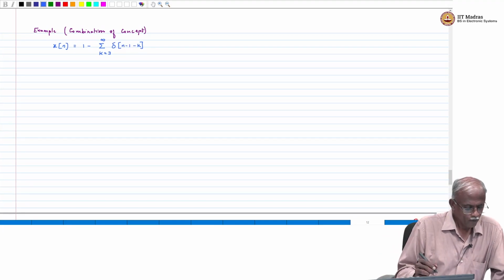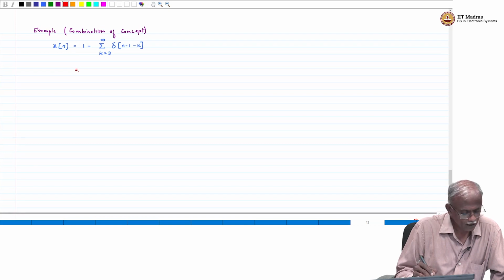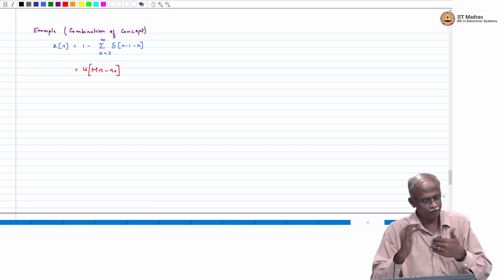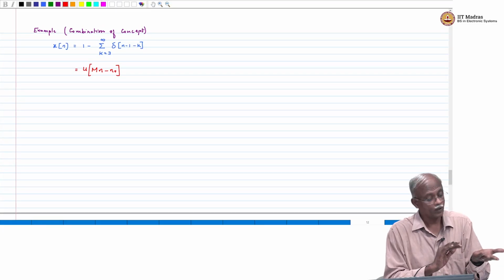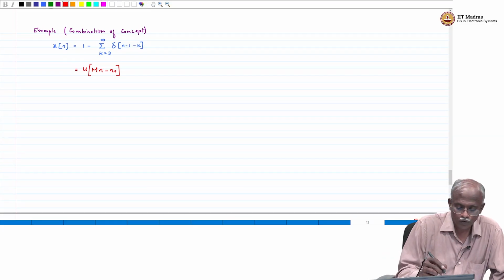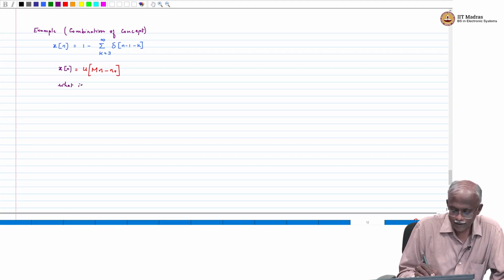We are asked to write this signal in the form of the unit step function, which has a scaling m and a shift, u of mn minus n naught. There is a shift and then there is a scaling. So if this is x of n, what is m, what is n naught?